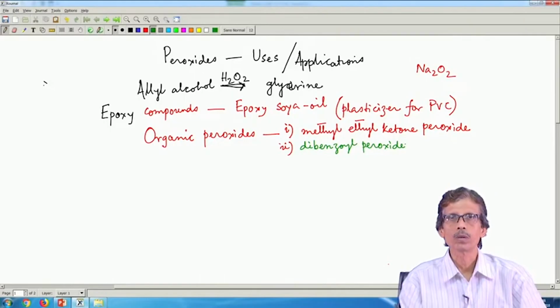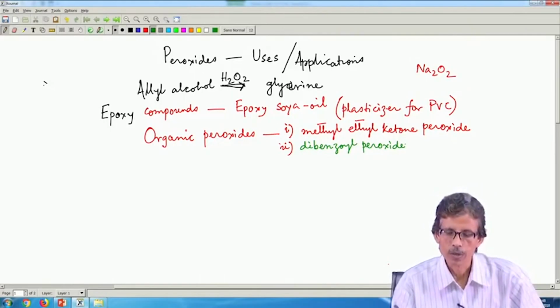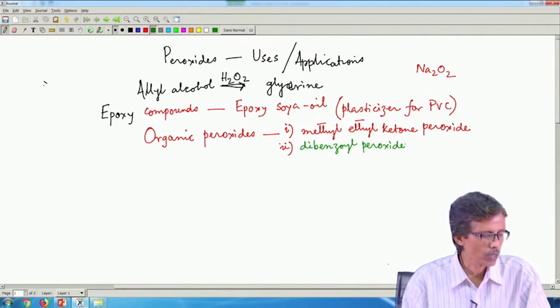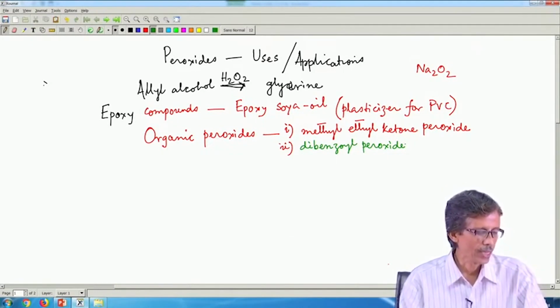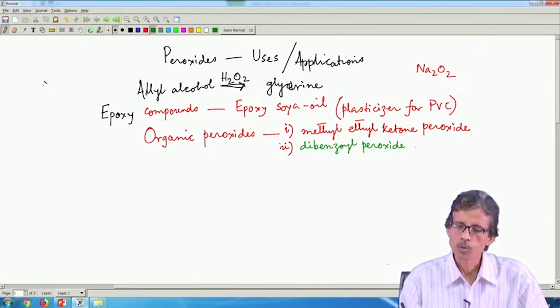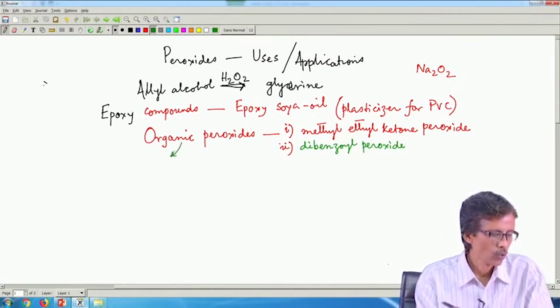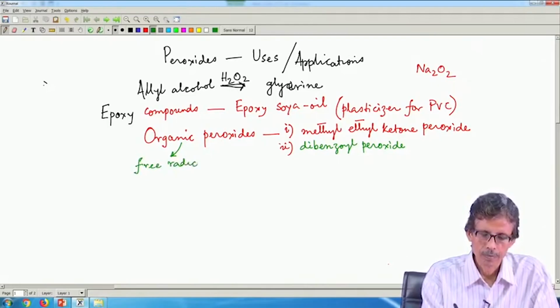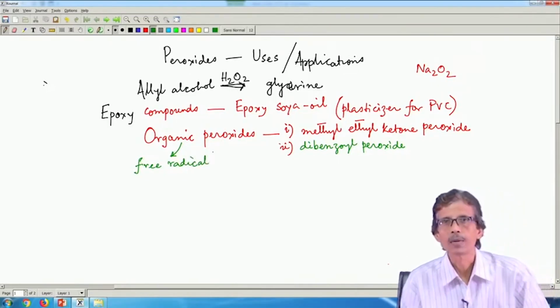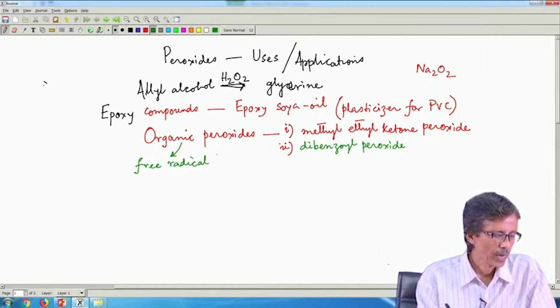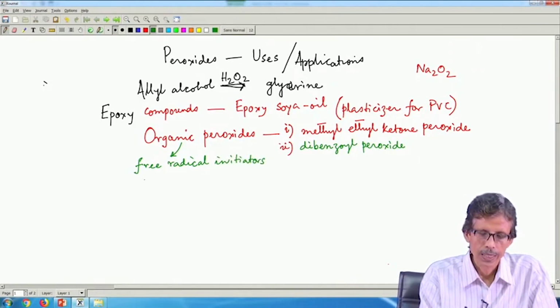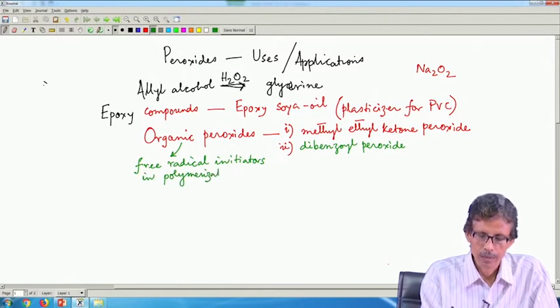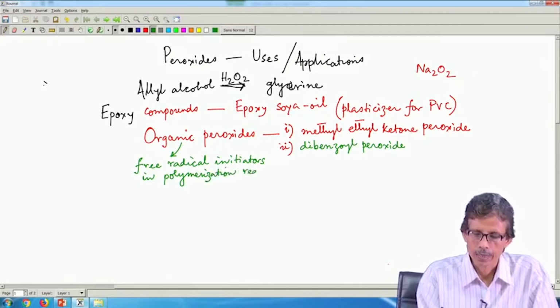These are very important compounds from an industrial point of view as well as for laboratory purposes. We can use these as very good free radical initiators in polymerization. Both these organic peroxides are very useful for free radical generation, which can initiate polymerization reactions.